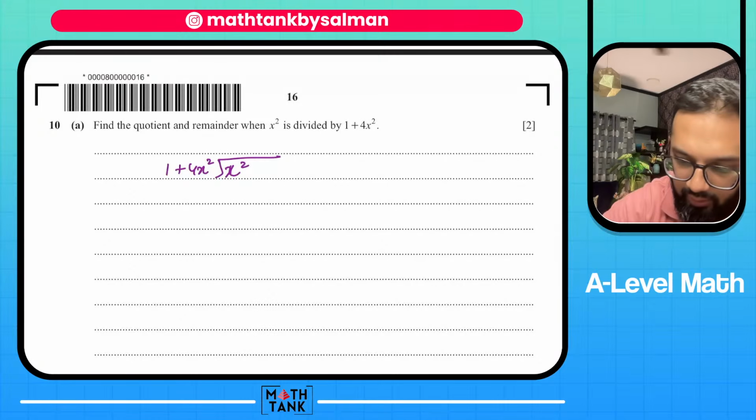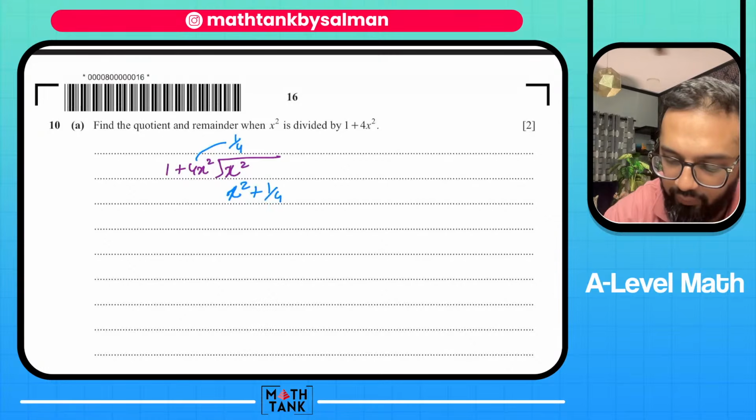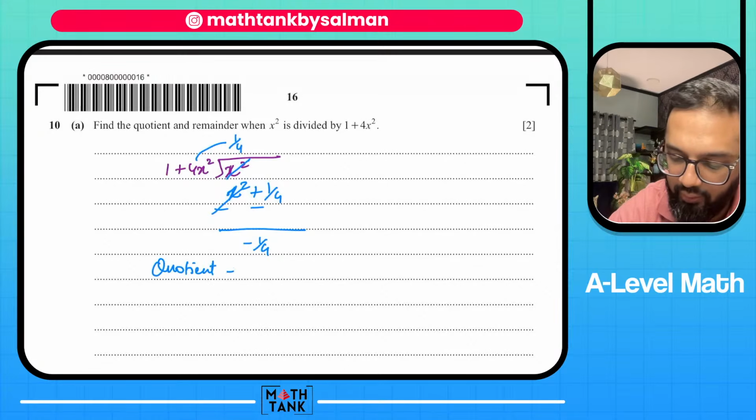I am going to multiply this with 1 over 4 so that I get x squared then, and I'm going to get a complementary 1 over 4 with it. So change the signs and say that this is minus 1 over 4. So the quotient is 1 over 4 and the remainder is minus 1 over 4.